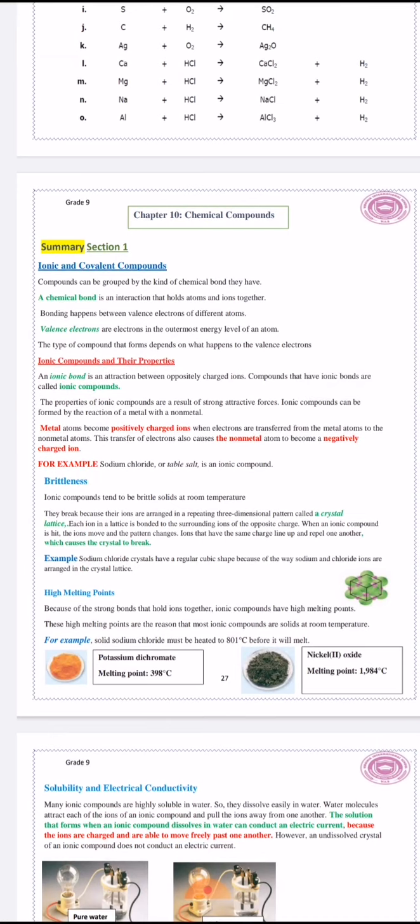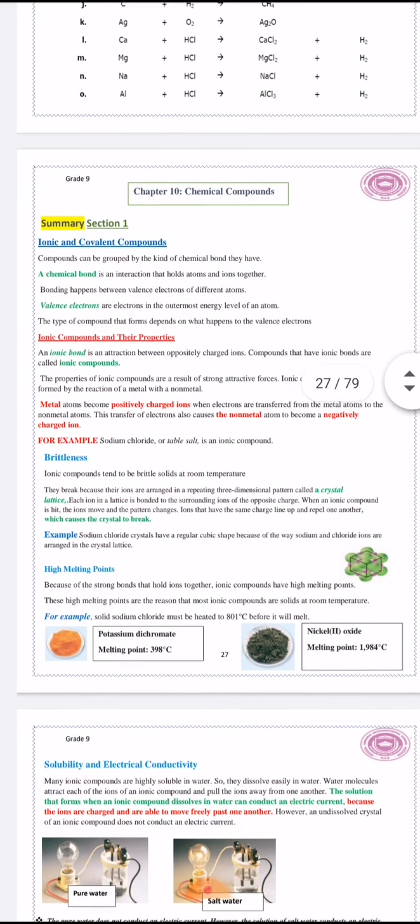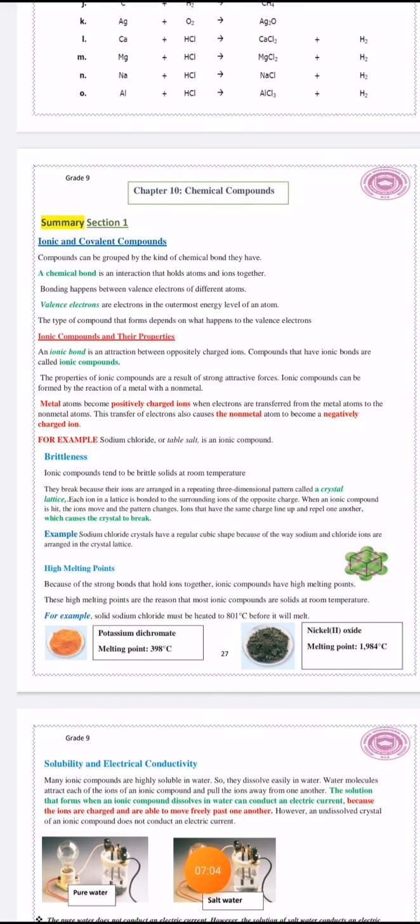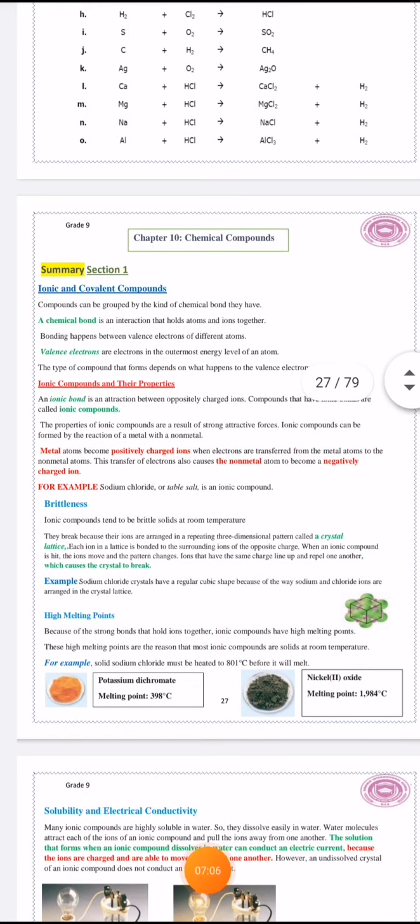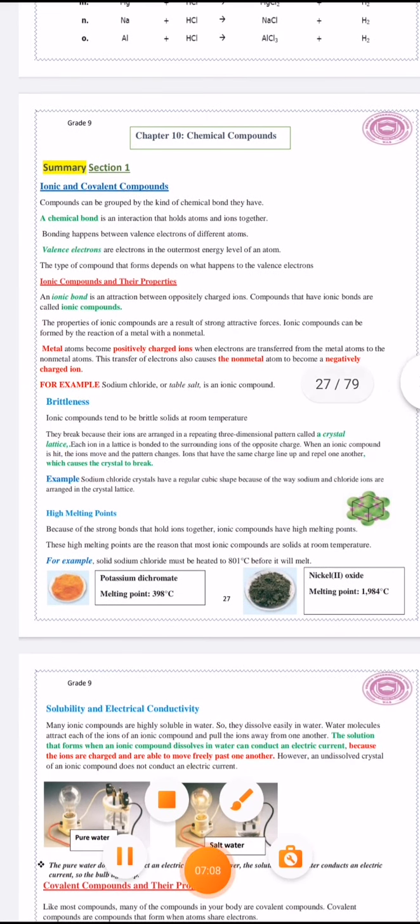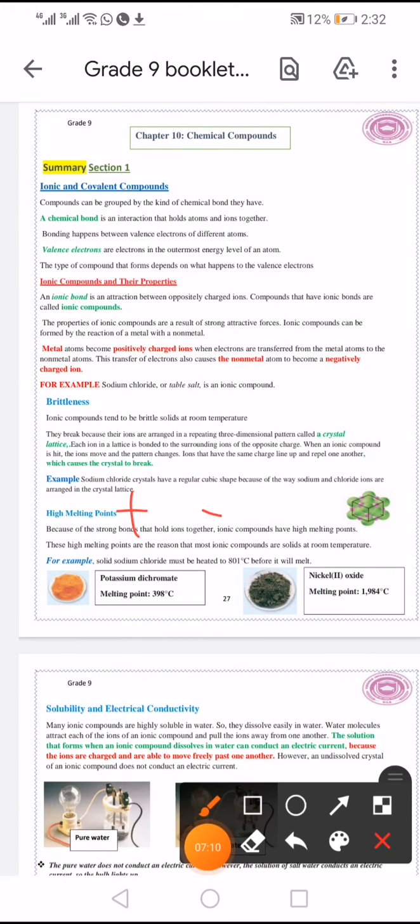High melting point, which is another property, because of the strong bond that holds ions together, a bond between positive and negative charge. So this is a strong attraction. Ionic compounds have a high melting point. This high melting point is the reason most ionic compounds are solid at room temperature.